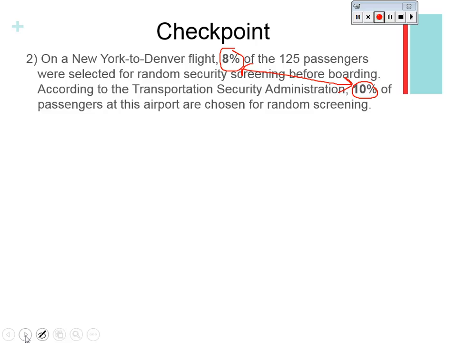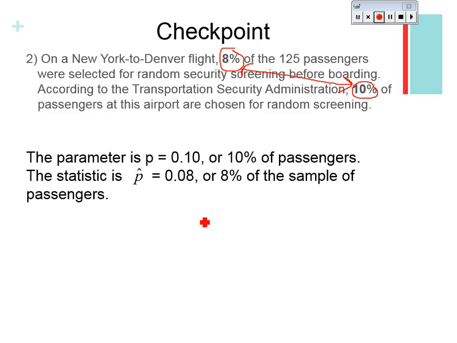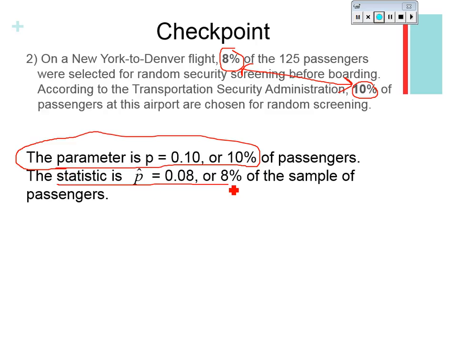And if we're talking about using proper notation here, the parameter of interest would be the 0.1 or the 10% of passengers that are supposed to be chosen at the airport. The statistic here represents what the sample was that was taken on the flight from New York to Denver.